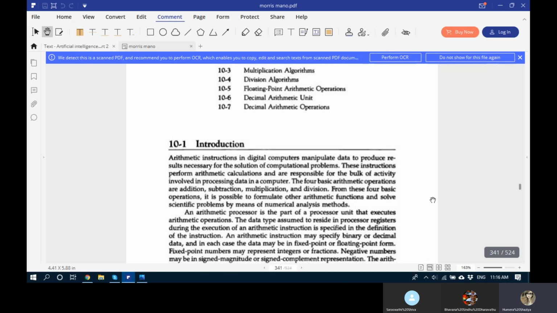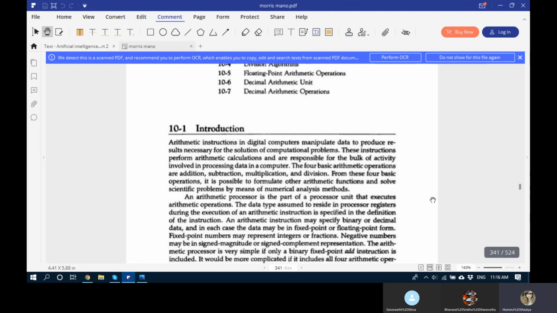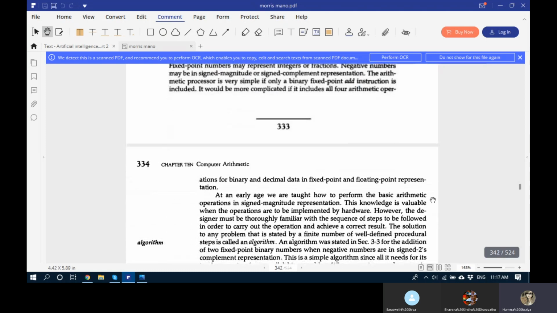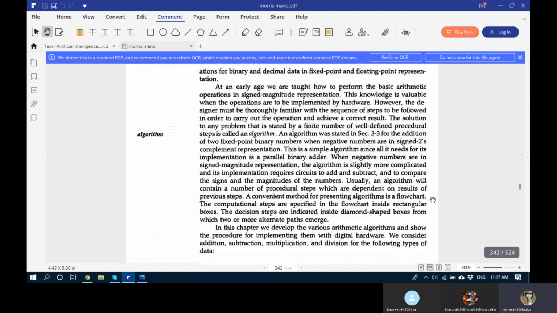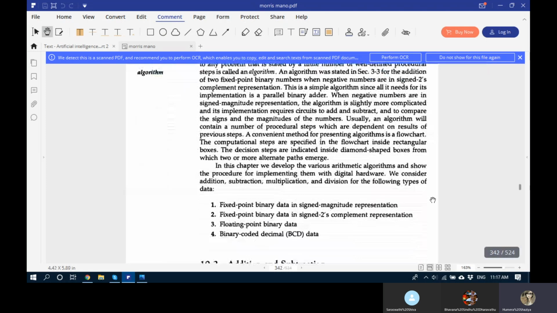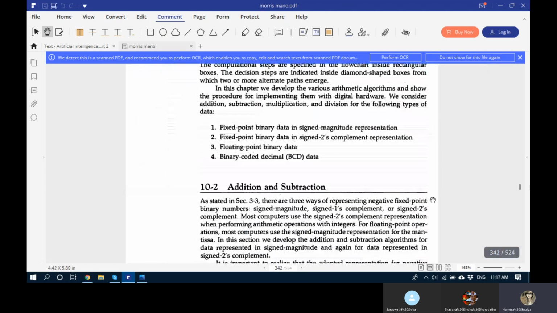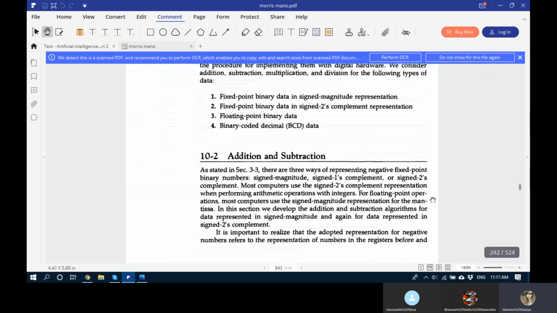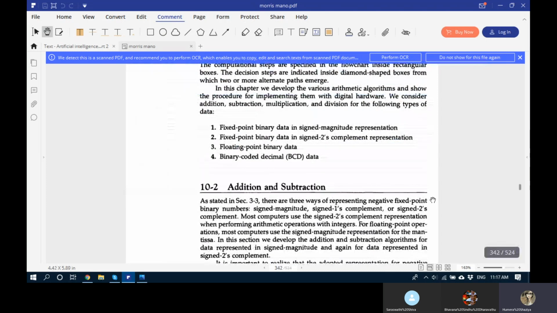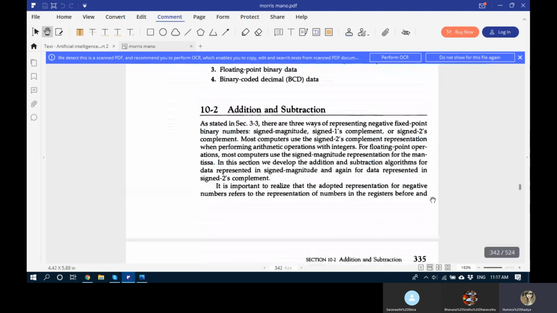Arithmetic operations in digital computers can be performed on signed magnitude, signed numbers and unsigned numbers. There are different ways to represent numbers.